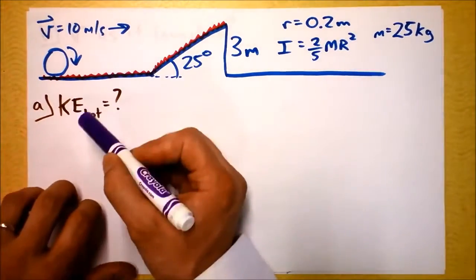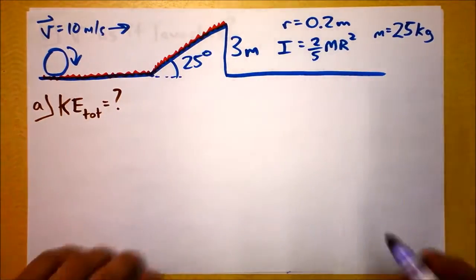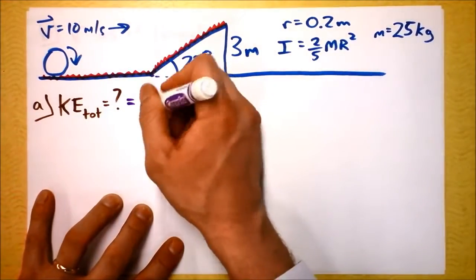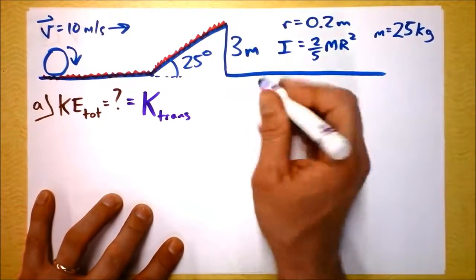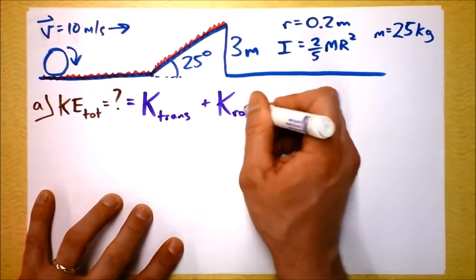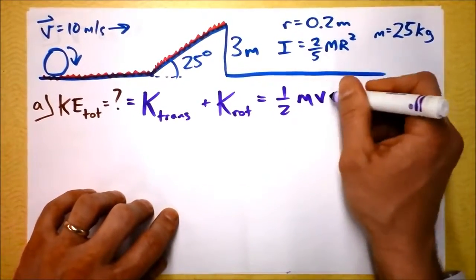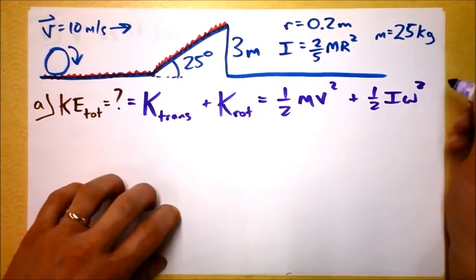The first part says, what is the total kinetic energy of the sphere as it rolls along the horizontal surface? So I'm just going to note that there are two forms of kinetic energy. We've got K translational and K rotational. And those take the two forms 1/2 mv squared plus 1/2 I omega squared.